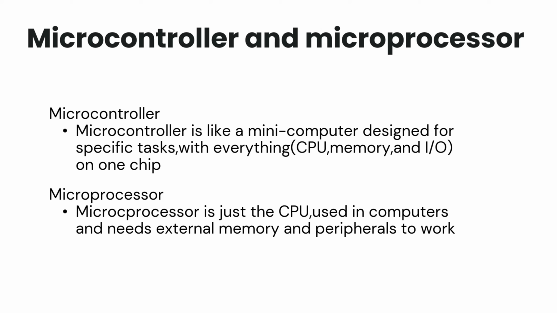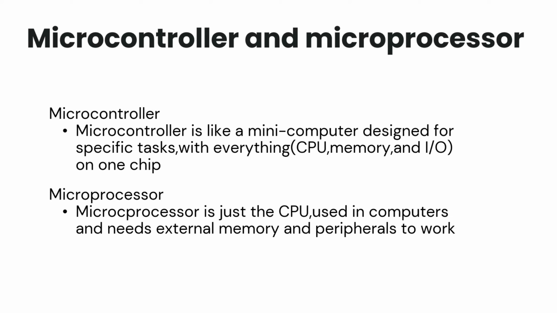Now, let us understand what a microprocessor is and then differentiate the microprocessor and microcontroller. A microprocessor is an integrated circuit that functions as the central processing unit of a computer system. It is responsible for performing arithmetic operations, logical decisions, instruction decoding, and overall control of the system operations.